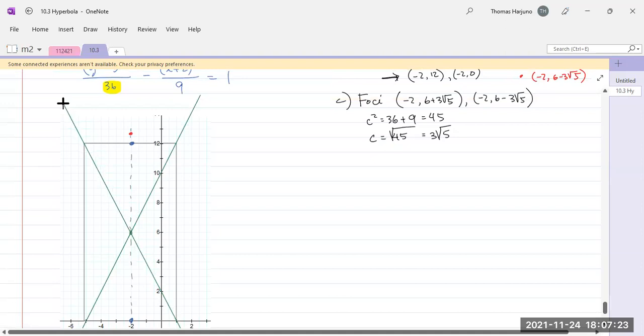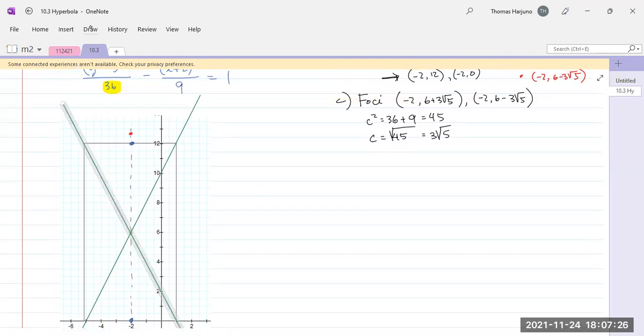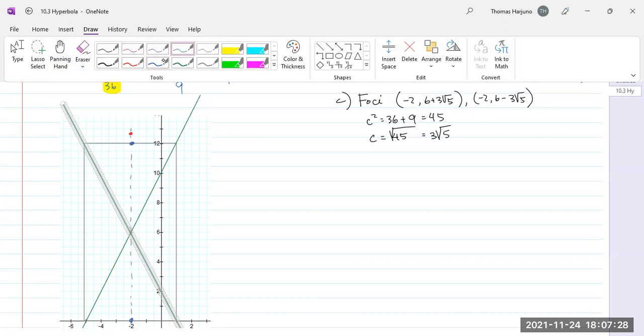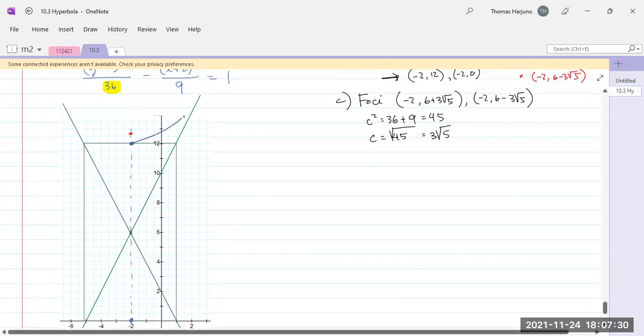Oh, I need to give the equation of the asymptotes, right? I forgot. But that's okay. At least we know what the graph looks like first. Make sure you emphasize from your graph that it doesn't intersect with the asymptotes.